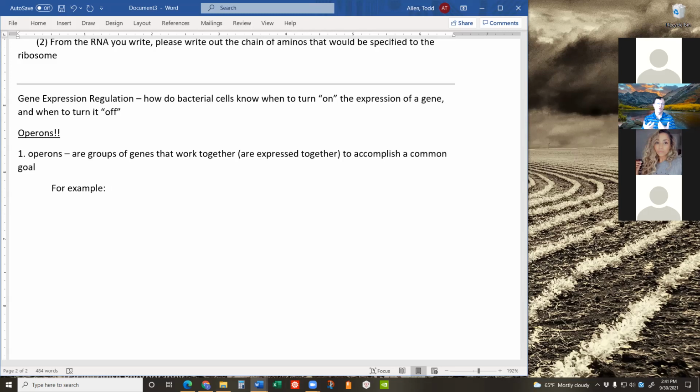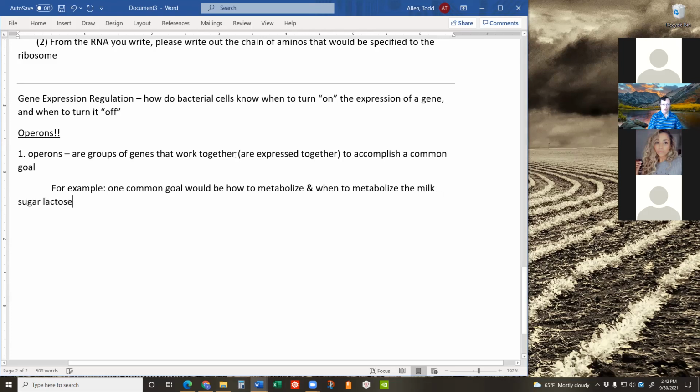Okay, an operon is a group of genes that are expressed together, that work together. The product of the genes being expressed works together to accomplish a common goal. Okay, one common goal would be how to metabolize and when to metabolize the milk sugar, lactose.